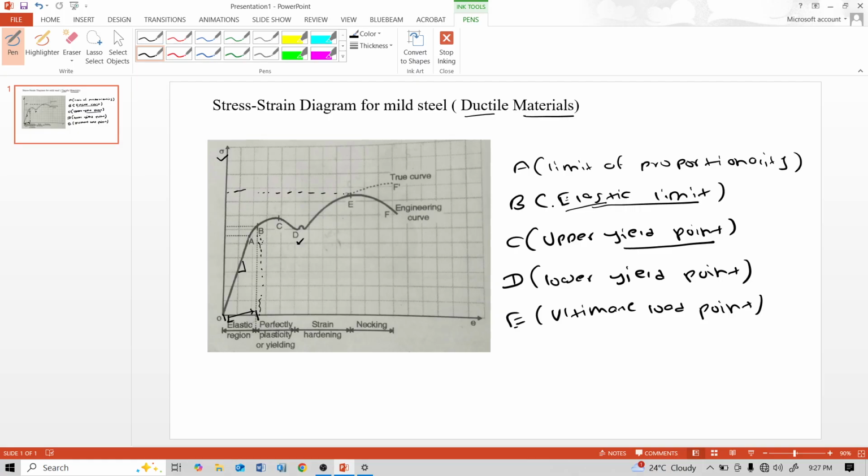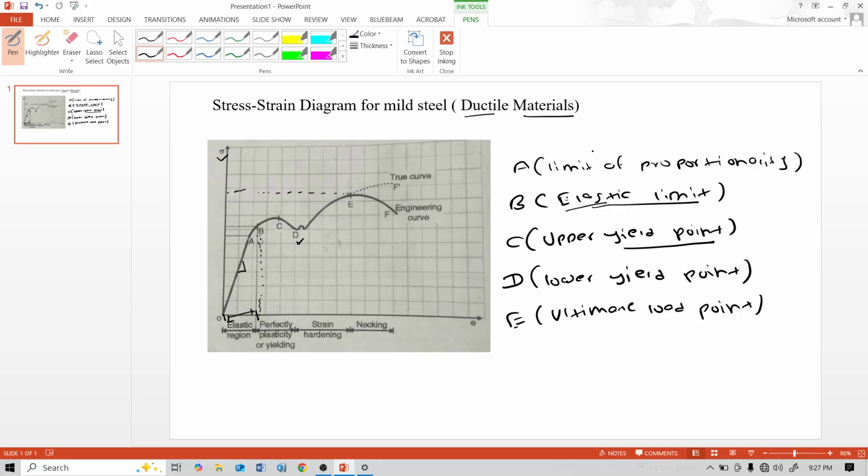The stress corresponding to this point is also maximum and is called the ultimate stress or ultimate tensile strength. The stress is about 370 to 400 Newton per mm square.